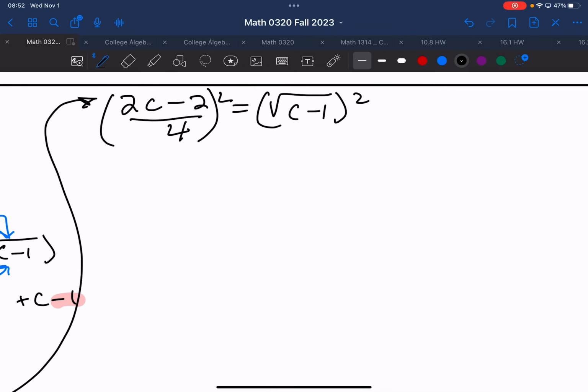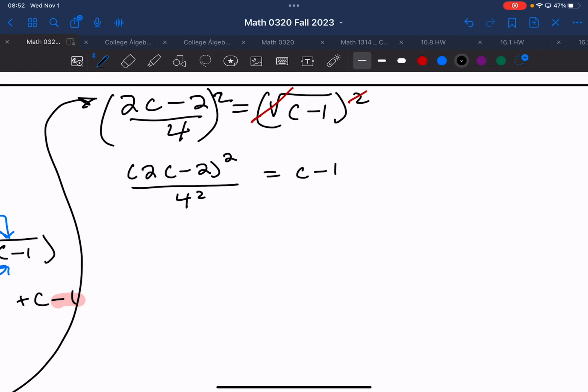So that means I have 2c minus 2 squared, okay, over 4 squared. I gave the square to each part of my fraction. And then the square root and the square cancel. So I'm left with c minus 1.